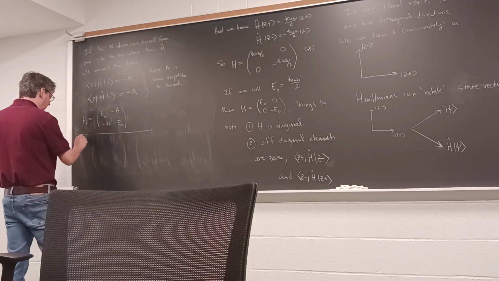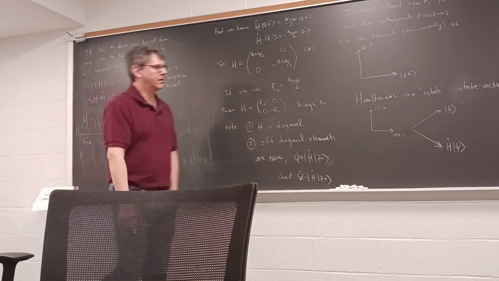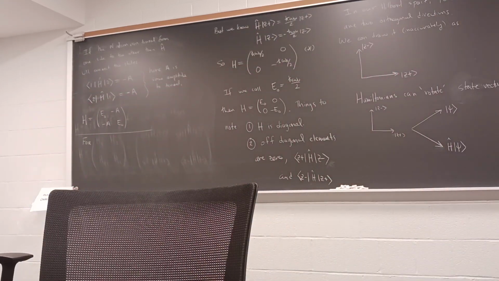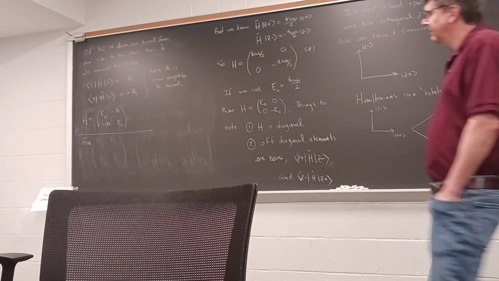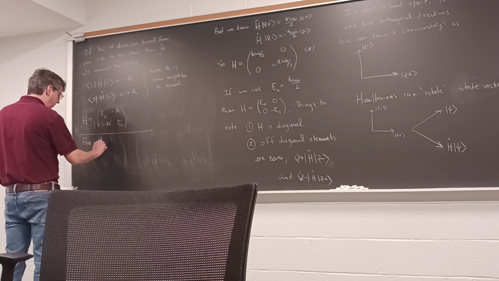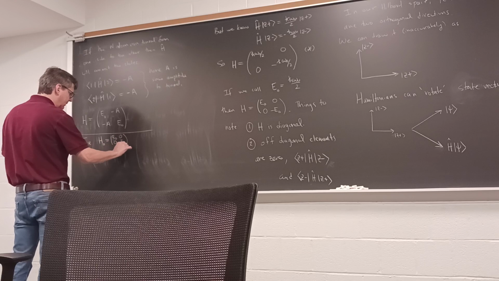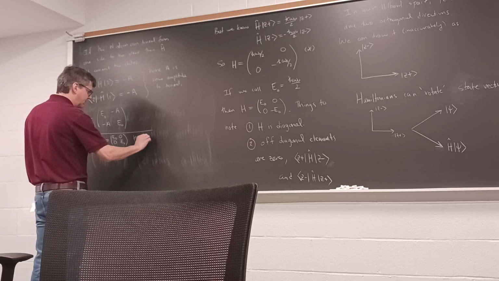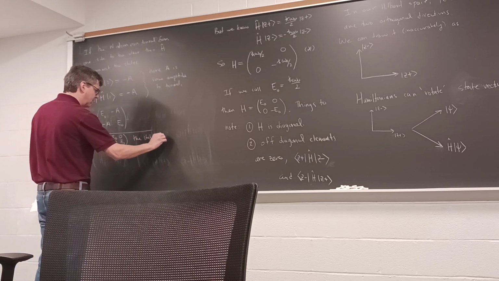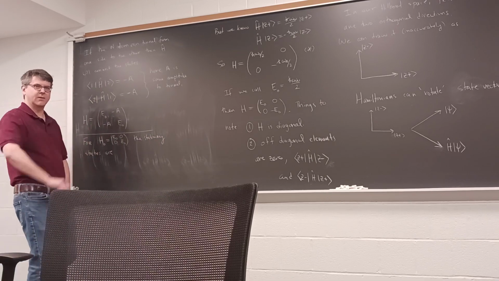So let's call this H over here H0 because it has no tunneling. So for H0, which is just the diagonal, with no tunneling, what are the stationary states?